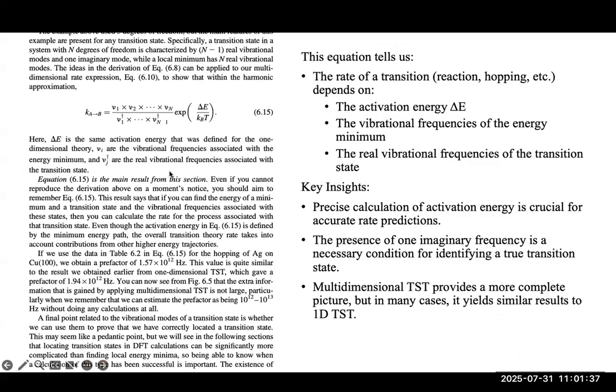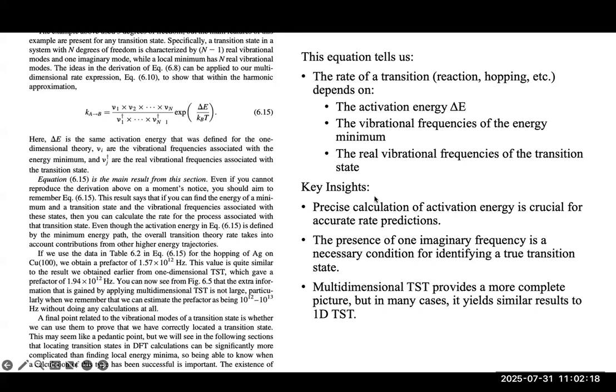As we did earlier, this is the same equation, but the difference is that we are taking into account different directions, and the hopping rate is here at B1, B2, like that, and we talk about n degrees of freedom. So we get this kind of equation. This equation mainly tells us that the rate of transition mainly depends on the activation energy and the vibrational frequencies of the energy minimum, and also the real vibrational frequencies of the transition state.